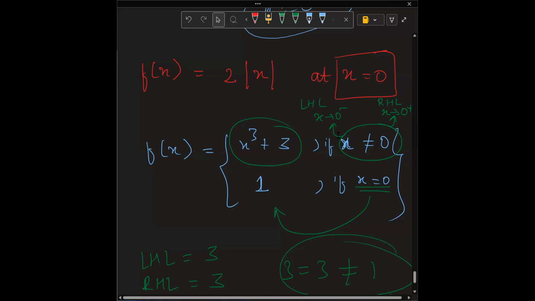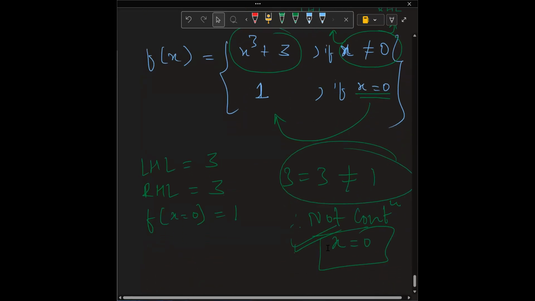Now you understood how to check the function value at different x: if x is less than 0, if x is greater than 0, and if x is equal to 0. So this is how we can use the function value and check the continuity of any function.